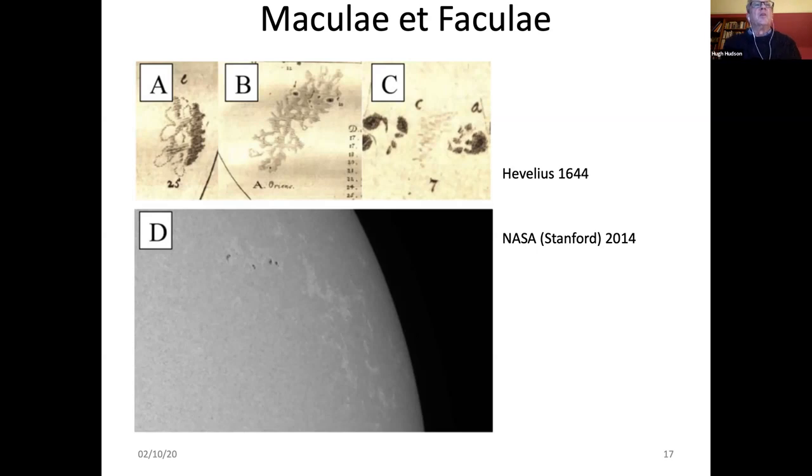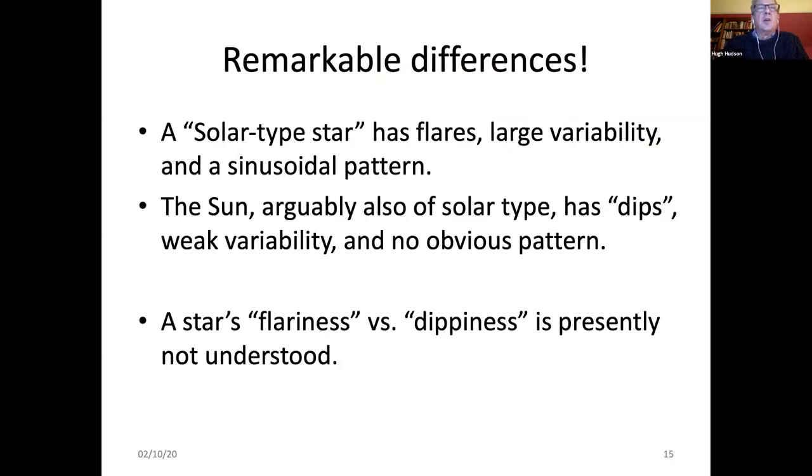And they're not strikingly concentrated like sunspots are. They're diffuse patches, and they persist for longer than sunspots do. But they have a very strong effect on the total solar irradiance. And in fact, the stars that are dippy are dominated by this faculae signal.